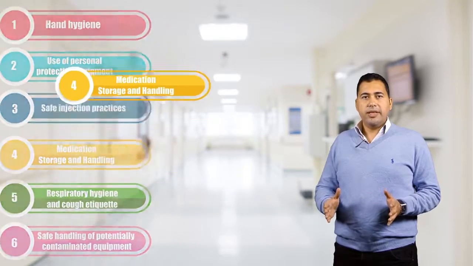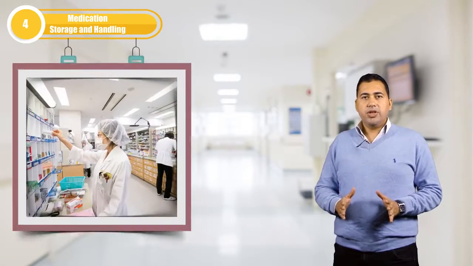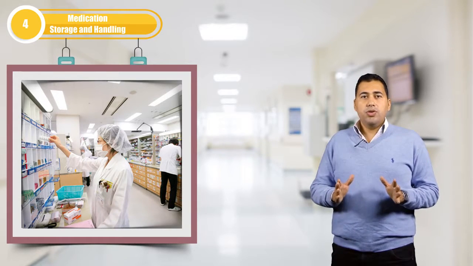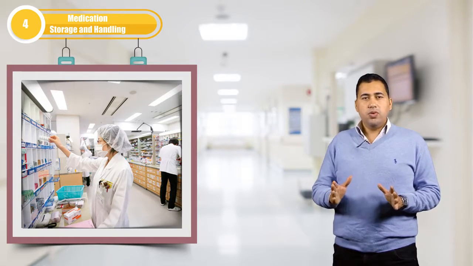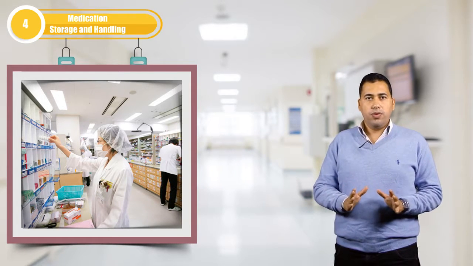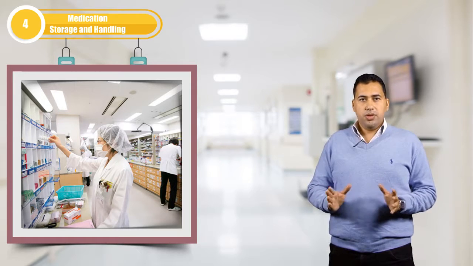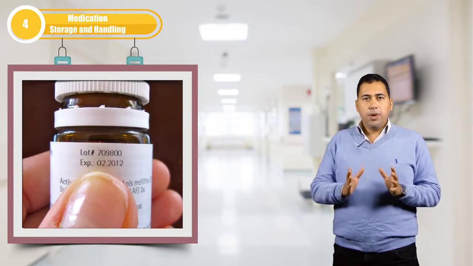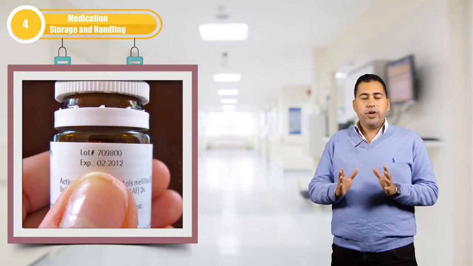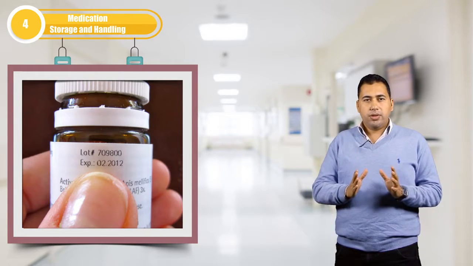Medication storage and handling. Medication preparation and storage is very important. You should use single-use vials, and you should use multiple-dose vials with caution. Medication storage should follow the manufacturer's guidelines, which should be strictly followed.